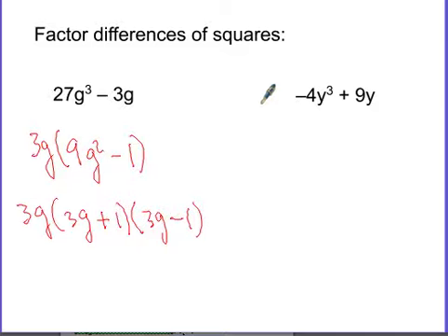Can we factor a y out of this? Yes, so take a y out. We've got y times negative 4y squared plus 9.